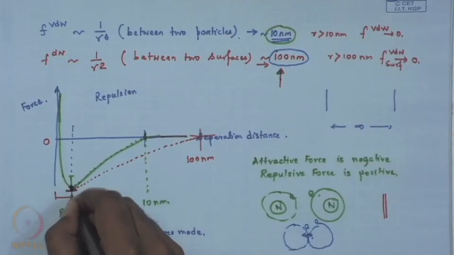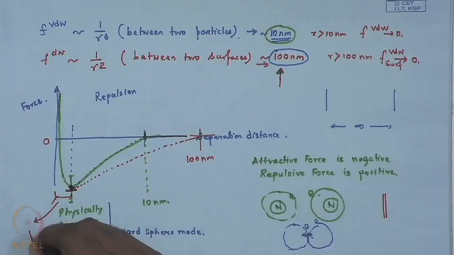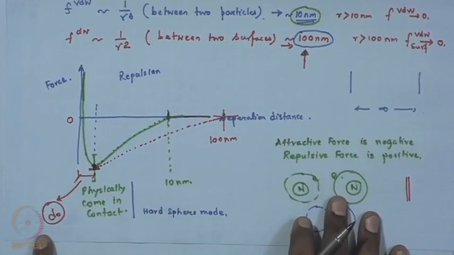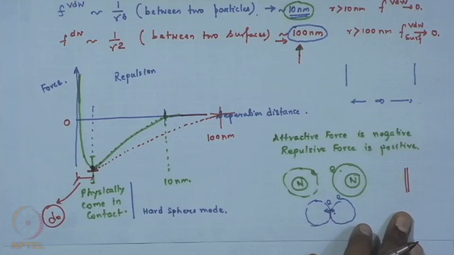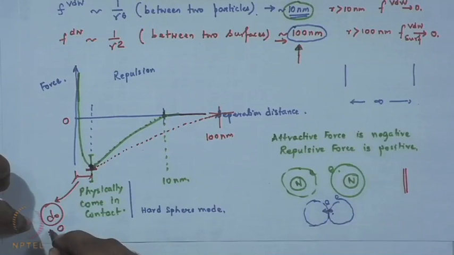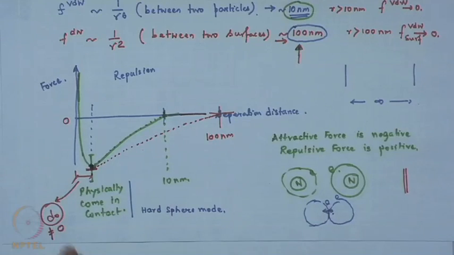So, this distance, if you can measure, is the minimum separation distance between two surfaces or two molecules when they are in contact. We will discuss this in one of our subsequent lectures. This d0 is not equal to 0, because if you try to bring them into absolute contact, or make d0 equal to 0, you have to overcome the physical repulsion of the electrons.